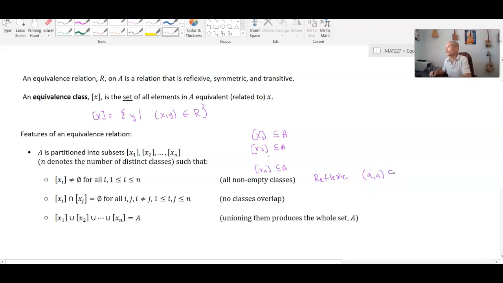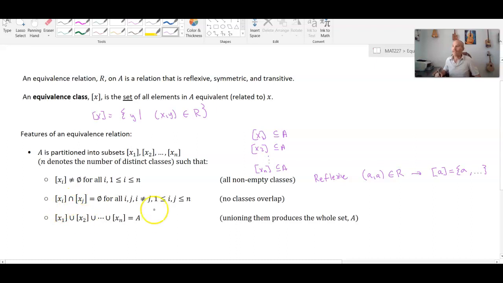That's an element of the relation. So the consequence here is that if I look at the equivalence class for a, for any value of a inside of my capital A set, then that is at minimum going to contain itself. Some of these may contain only one element, or they may all only contain one element, but at least I know that every equivalence class is going to contain the element itself. And so that guarantees that none of these equivalence classes are going to be empty.